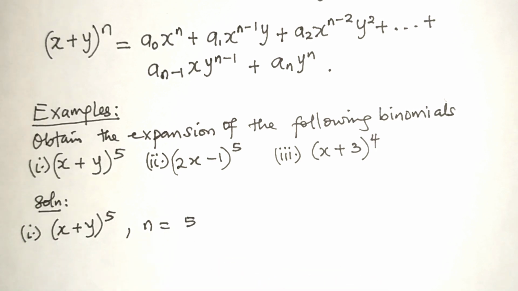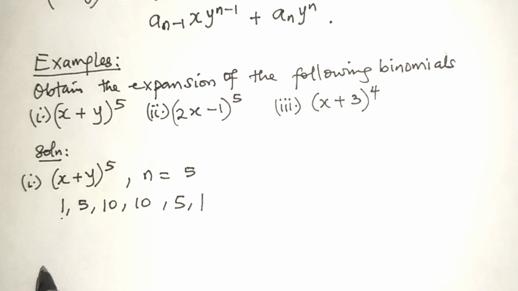On the Pascal's triangle, the line with n equals 5 has the coefficients 1, 5, 10, 10, 5, and 1. These are equivalent to a0, a1, a2, a3, a4, and a5 respectively.